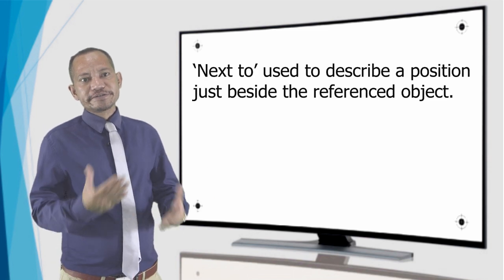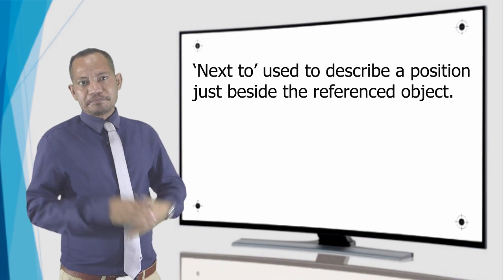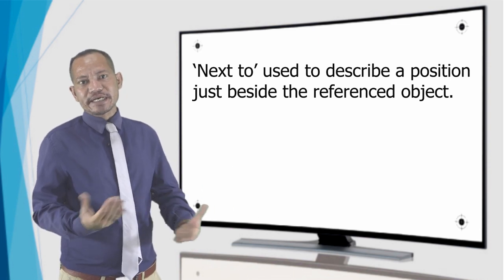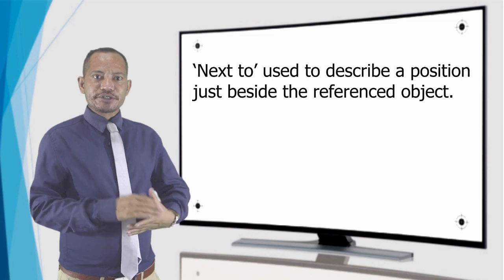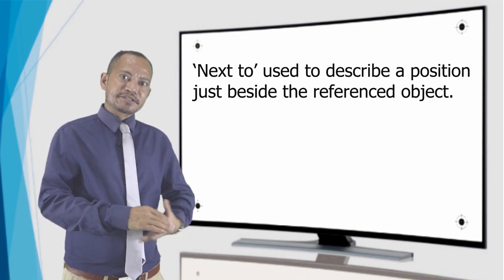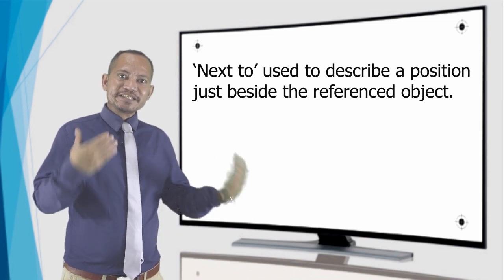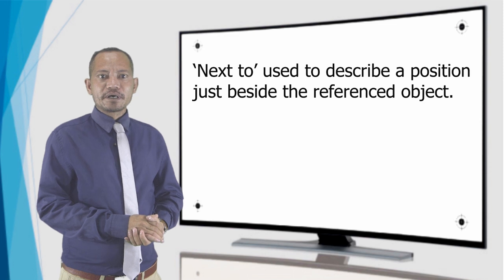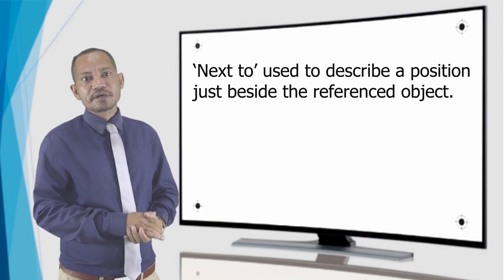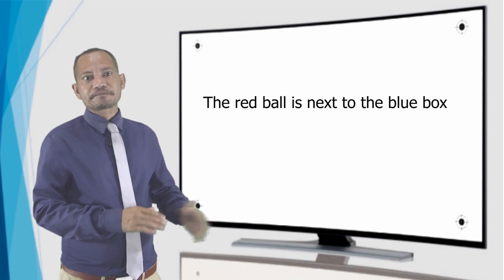Moving on, next to. A preposition of place and location that is used to describe a position just beside the referenced object. This preposition can be used interchangeably with beside. For example, the red ball is next to the blue box.